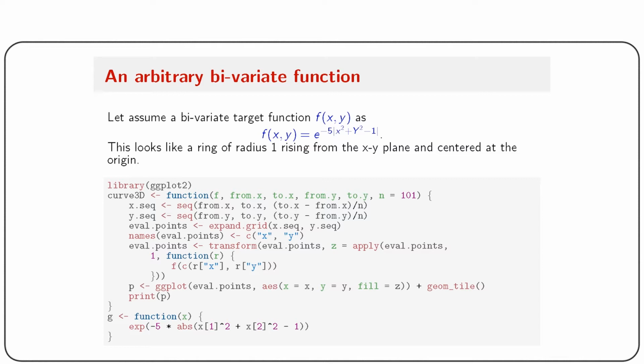And the function fxy is defined as g equals function of x, e to the power minus 5 times the absolute value of (x1 squared plus x2 squared minus 1) squared, where x is actually x1 and x2, that is, x and y are combined into x, a single argument that has two components, x1 and x2, as per the function.